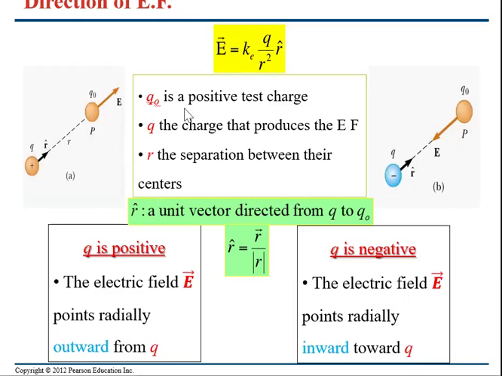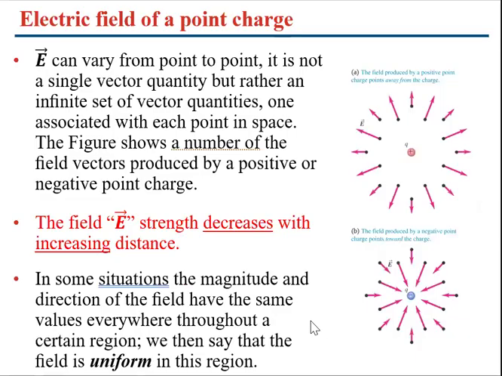According to the sign of Q, Q can be positive. The electric field E points radially outward from Q. If the point charge Q is negative, in this case, the electric field is inward. As we see, it can vary from point to point.